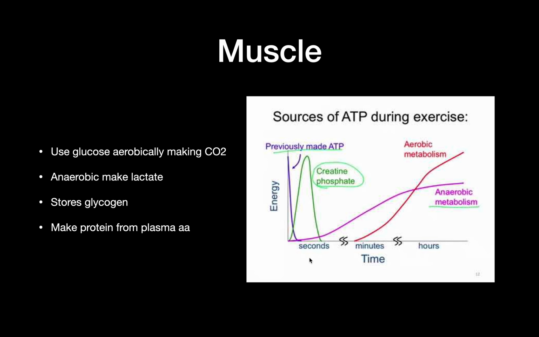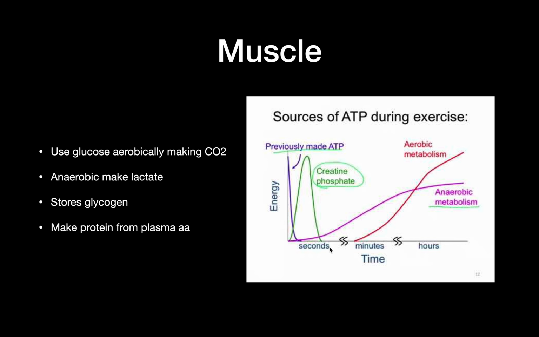And then with the BCAAs and creatine phosphate, that will provide energy for longer term muscle usage. And then past hours, it goes straight into anaerobic metabolism. So the aerobic energy gives you quite a bit of energy, but it's only for a short amount of time.